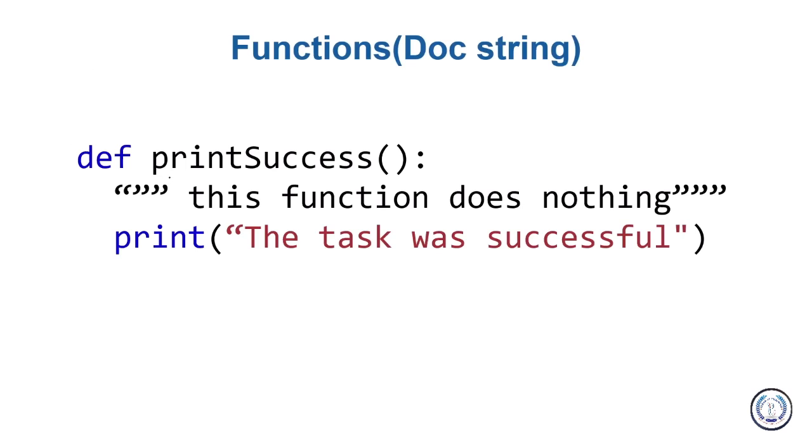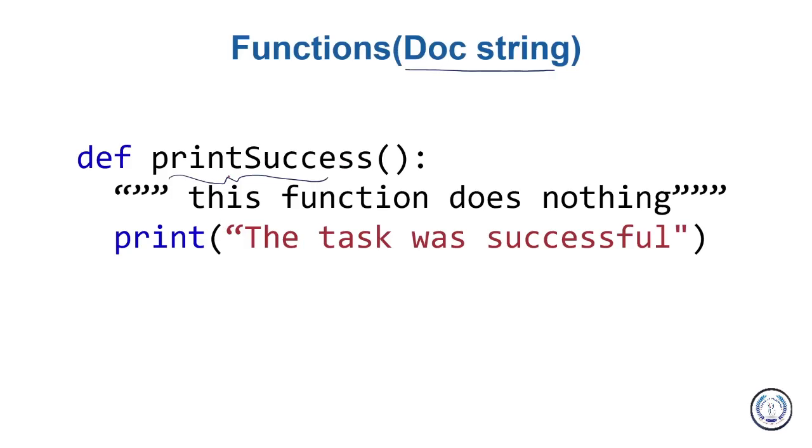The function name should be descriptive. That's okay, but it is further important sometimes to have documentation of the function, sometimes called the docstring. The docstring allows you to write the description of the function, but that description will never be executed. It will be available whenever you need help or need to know what this function does.